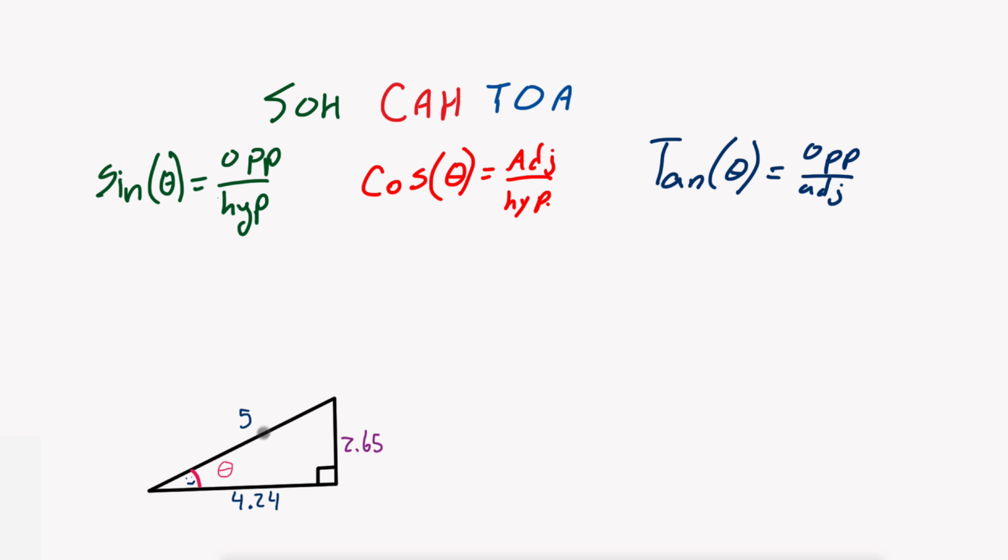We can use the Soh-Cah-Toa to figure out what that angle is. The way we're going to do that is we're going to do what is called the inverse of Soh-Cah-Toa. So what that means is all of these will work, and when you're trying to find the angle theta, I'm going to go ahead and use tangent for this demonstration. That way we can get all of these in here. I'm going to use tangent.